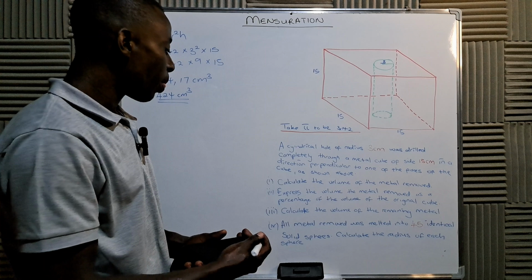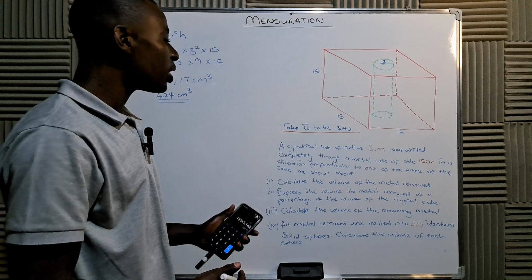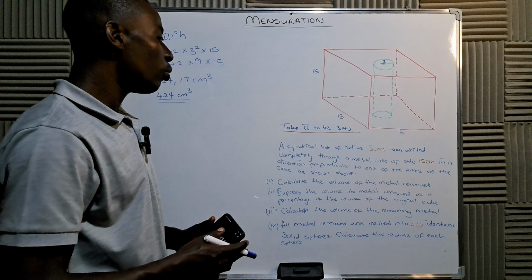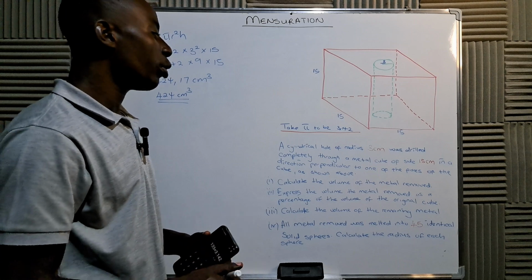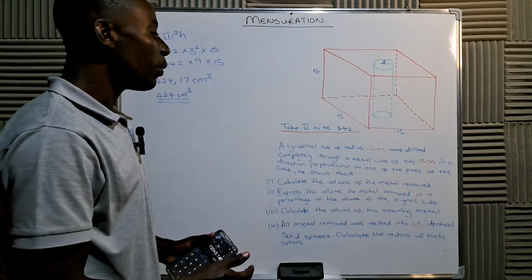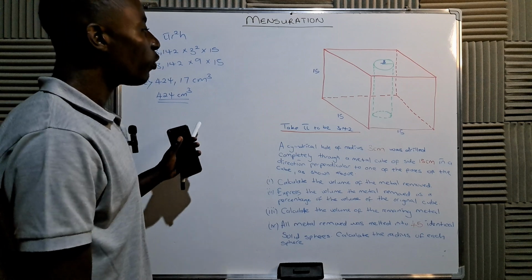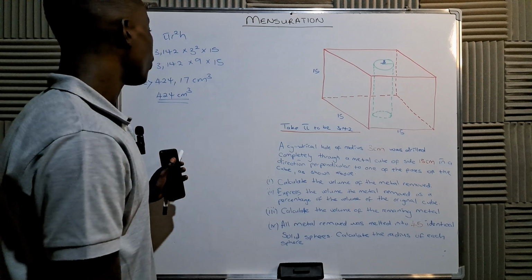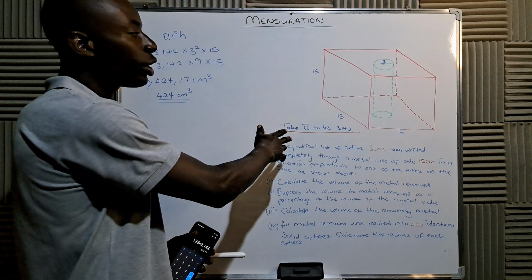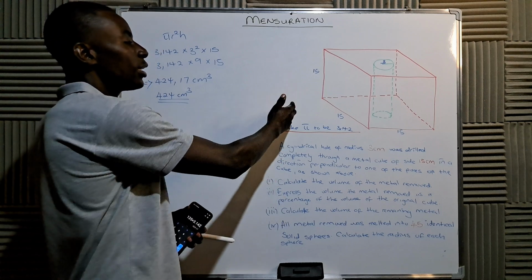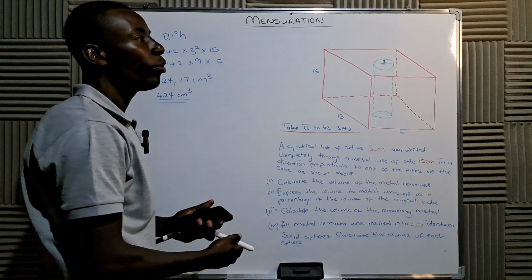And then part 2 says express the volume of the metal removed as a percentage of the volume of the original cube. So what you do here is you divide the volume of the removed metal by the volume of the cube times 100%. But let us find the volume of the cube first.